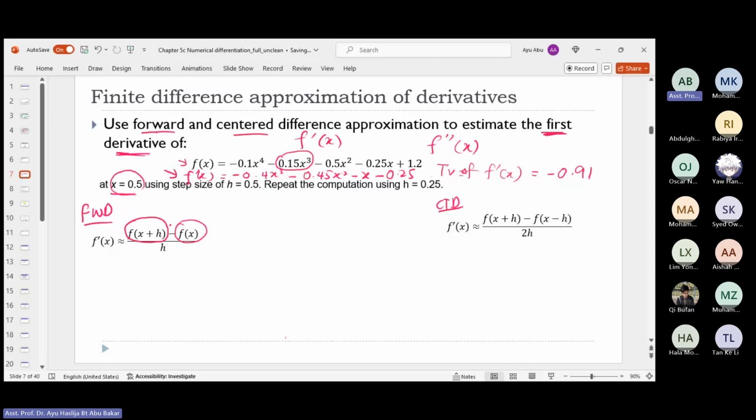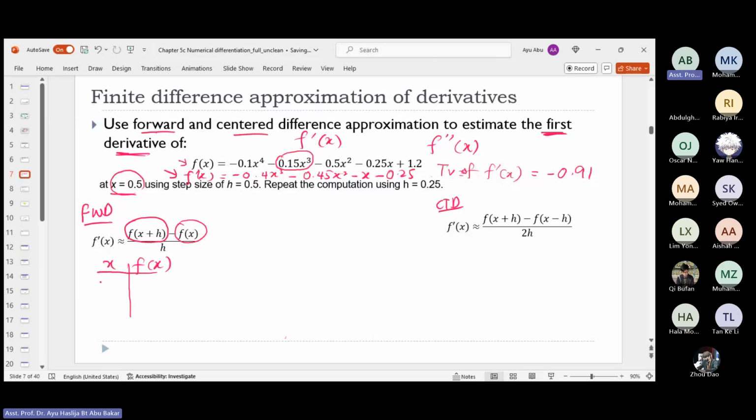How to get that? f(x plus h) means one step ahead. Find out what is your f(x). X starting at 0.5. Sub 0.5 into f(x), not the f prime x. Sub into this equation and try to calculate what you get for your f(x).